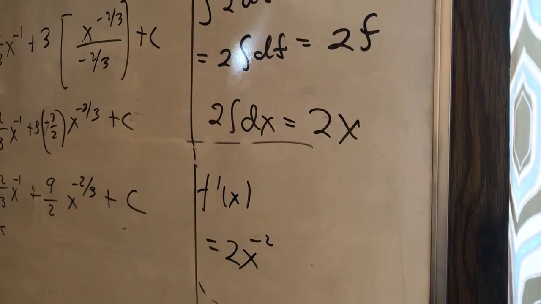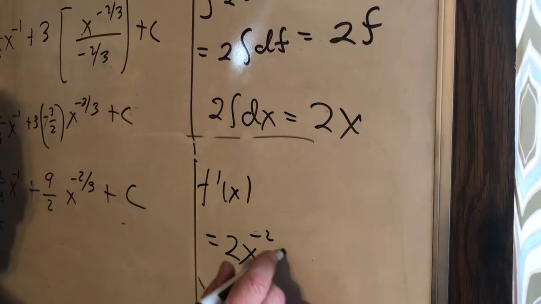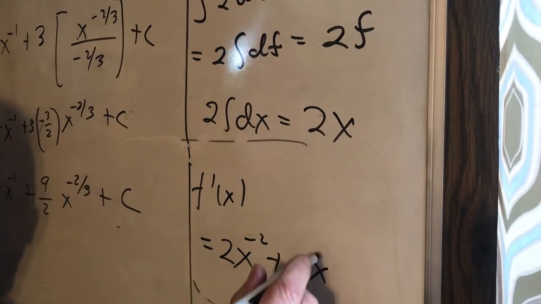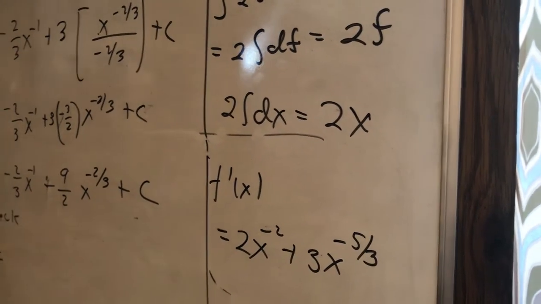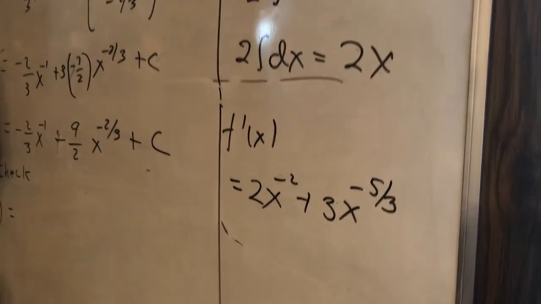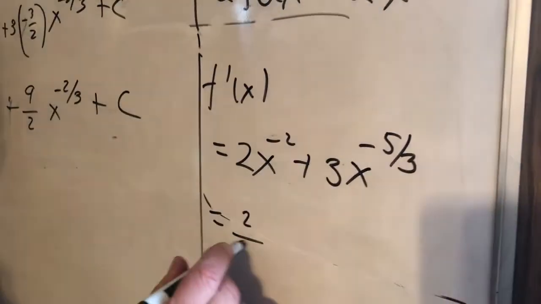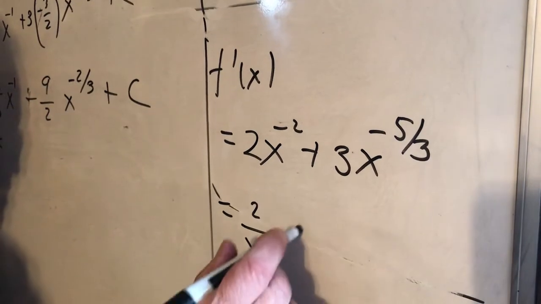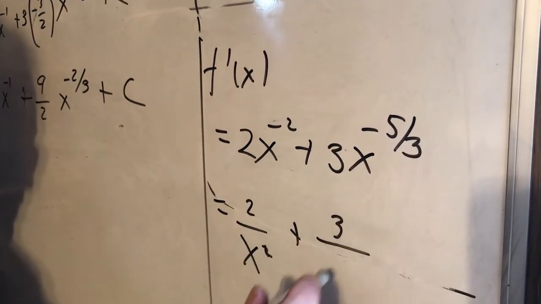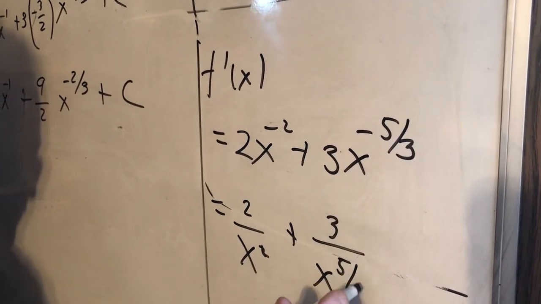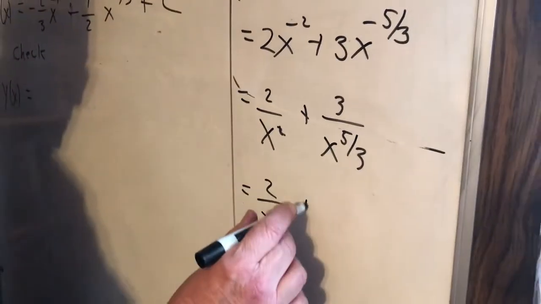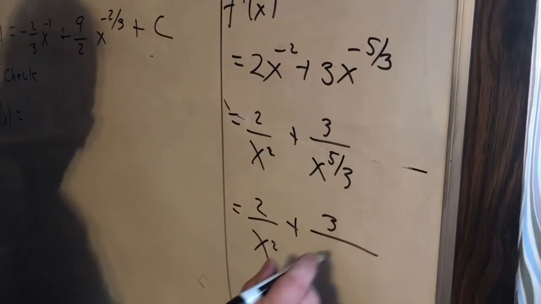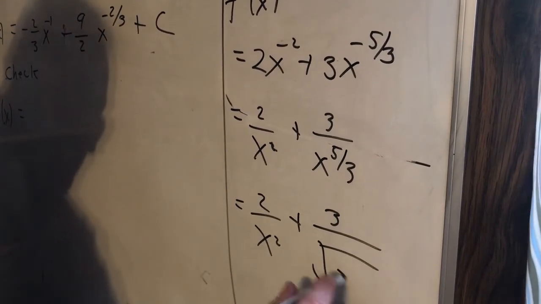And I had plus 3x to the minus 5/3, right? Well, the original problem really looked like this. 2 over x squared plus 3 over x to the 5/3. And it really started out like this. Plus 3 over the root.